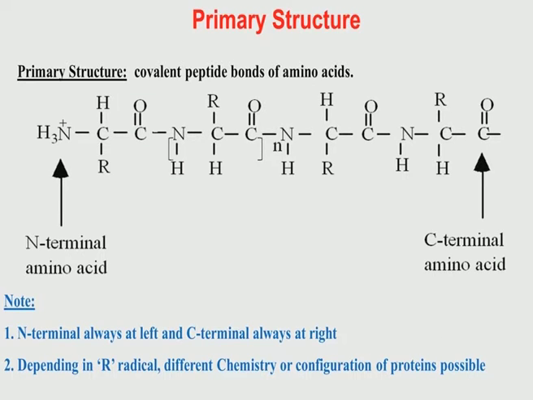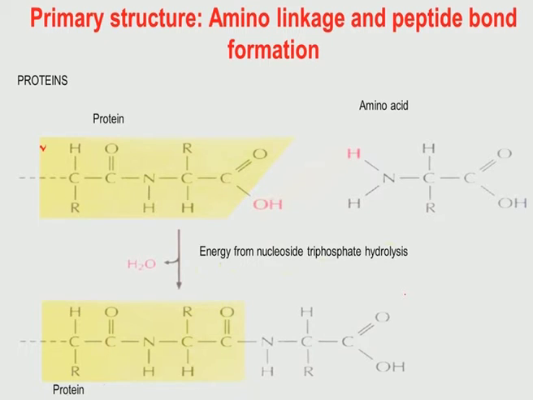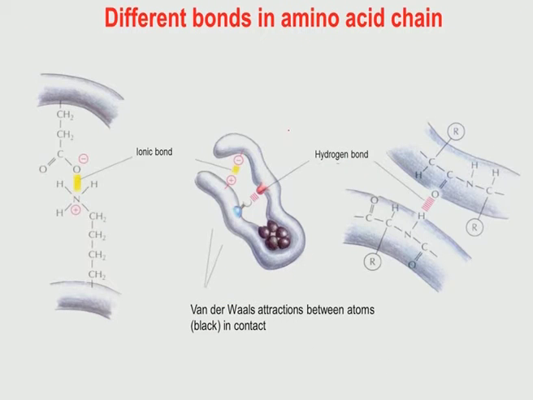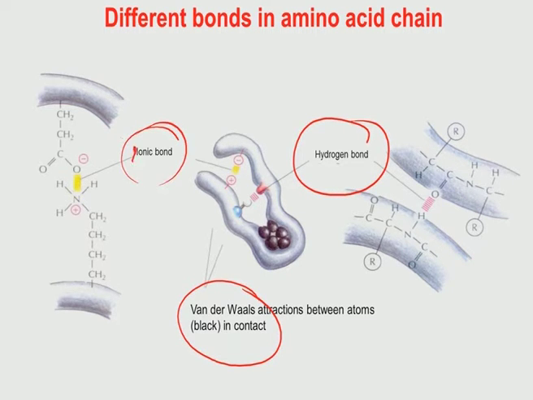This has been shown here as I was explaining to you, and this amino linkage and peptide bond formation has also been shown in this slide, that OH and OH will be released as water molecules. Now, for the different types of bonds in the amino acid chains, it is mostly weaker van der Waals bonds or hydrogen bonds that are present, and to some extent in some cases ionic bonds are also there, as shown here.